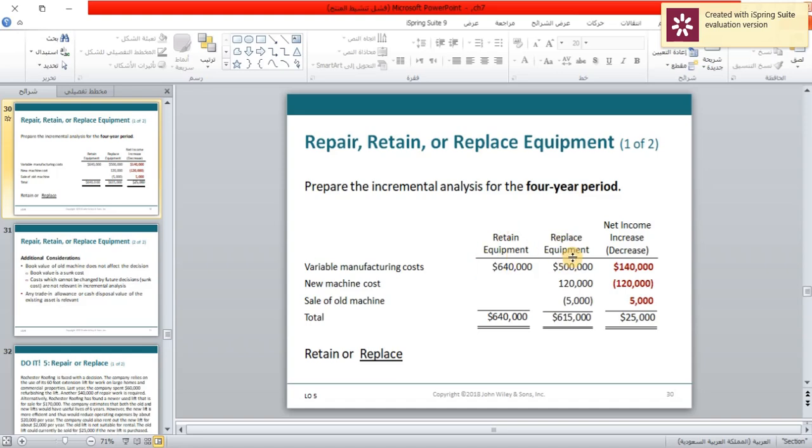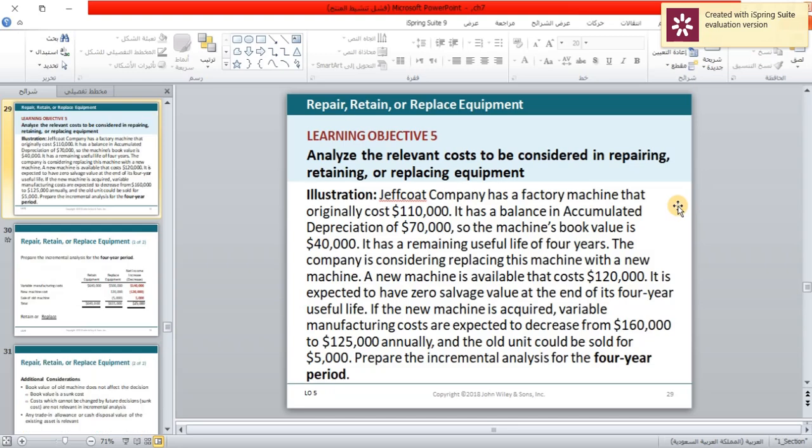Replace equipment, variable cost for 4 years, is decreased. Variable manufacturing costs with the new machine are expected to decrease from 160,000 to 125,000 annually. So we analyze this for 4 years.